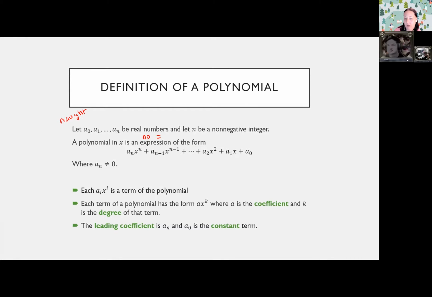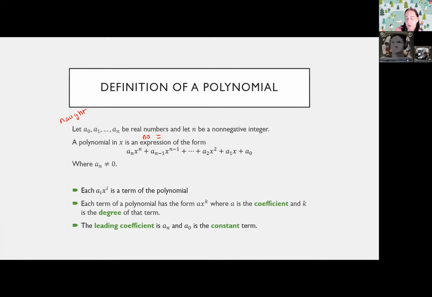And an is not equal to 0. So essentially what we've got here is a series of things with variables. The exponents on the variables are decreasing. You start with the highest exponent first, and then it counts down as you move to the right. And there are numbers in front of the variables, or coefficients.